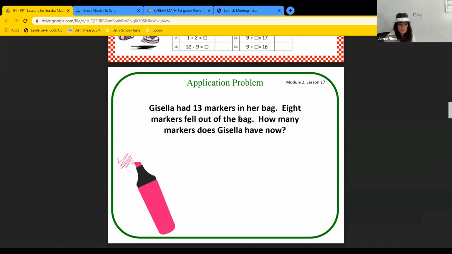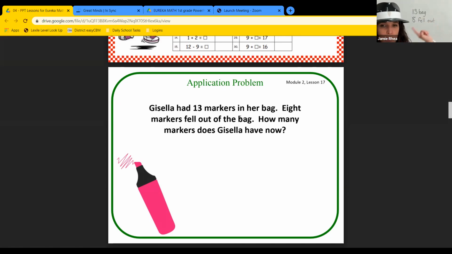Okay. Now, let's keep reading. 8 markers fell out of her bag. 8 fell out. All right. How many markers does Gisela have now? That's what we're trying to figure out. That's what we're going to answer, okay? How many does she have now?